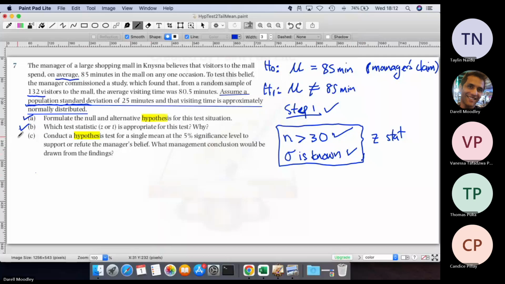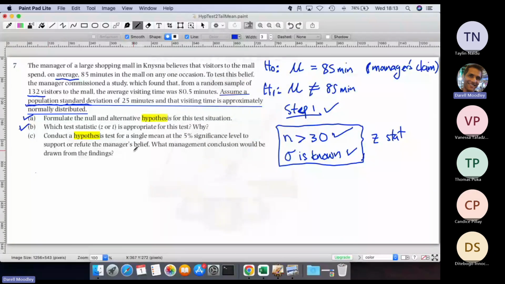All right. Step 3. This takes the bulk of the workings, and you'll be awarded most of the marks for question C. So we're going to answer question C now. It is a bit of work, but you get a lot of marks for it, probably around 8 marks. So it's very important that you understand the procedure here and the steps involved. Like I said, hypothesis testing involves 5 steps. We've already done 1.